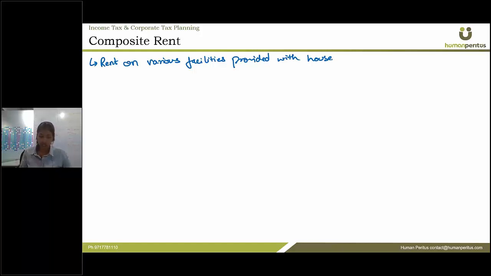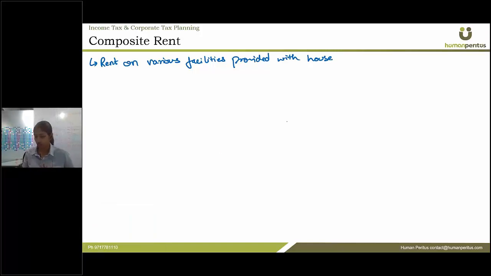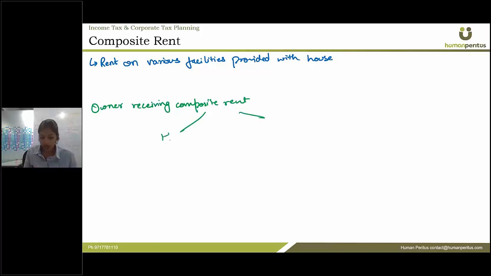Okay. So if the owner is receiving composite rent, we divide this rent into two parts. The part of rent which is related to the house would be considered under income from house property.